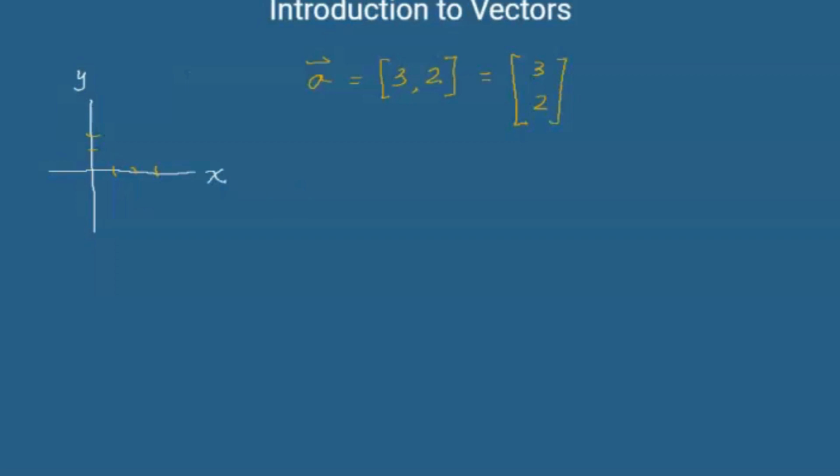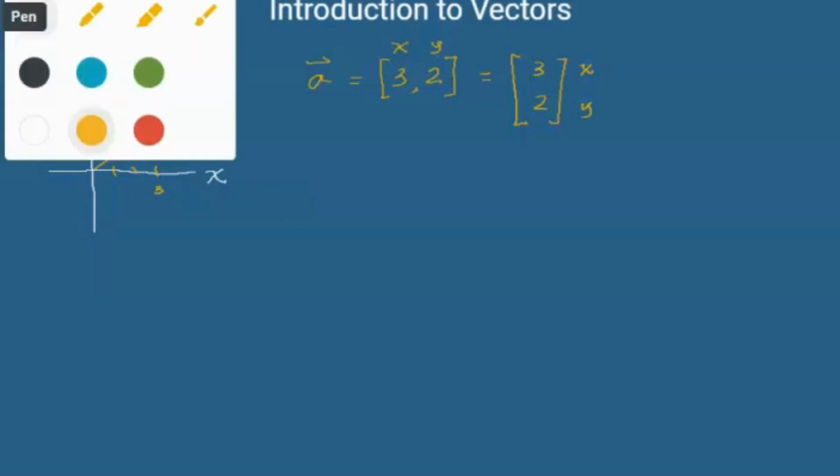So just remember, this is our x and y component, and if it's written vertically, this is our x and this is our y. So our x is 3 and y is 2. So this is our vector A.